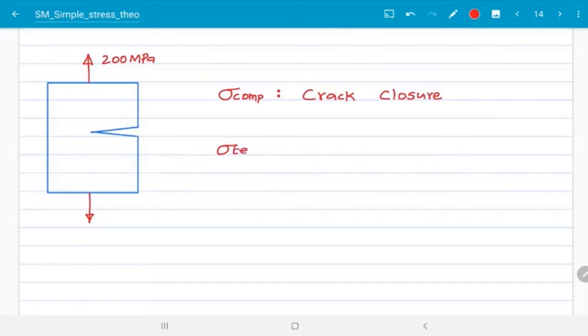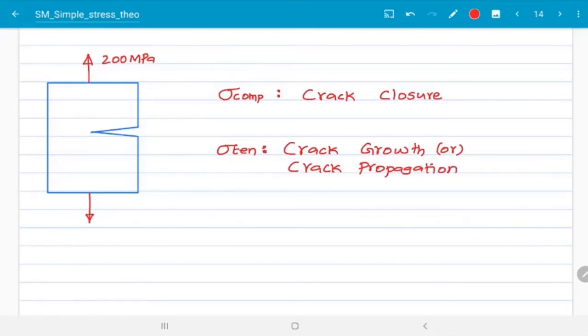Sigma tension. The crack will propagate. The technical name is crack propagation, or crack growth.